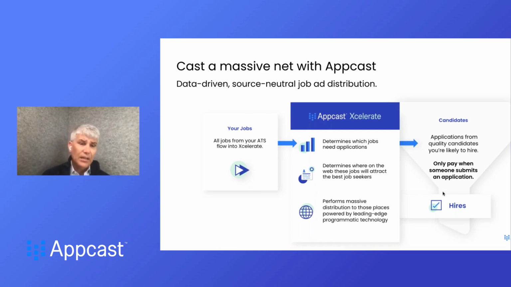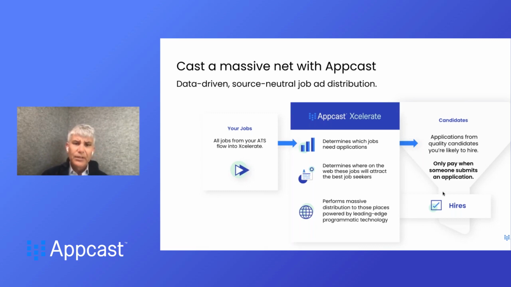To be candid, most people have a subscription and jobs on LinkedIn. Most people subscribe and buy ads on Indeed. And then, depending on whether your needs were diversity or something else, you might have a niche site or two. Maybe you've got Zip or CareerBuilder or Monster. And then that was your mix for the year.